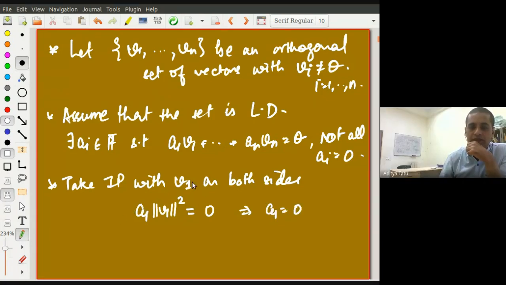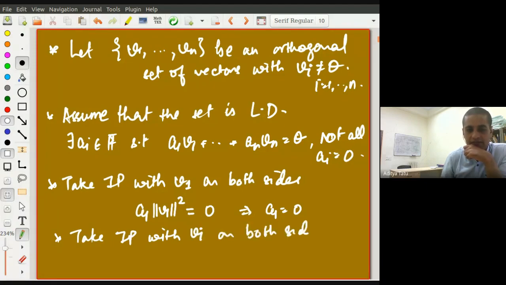Similarly, if I make this into a general thing and take the inner product with vi on both sides, what happens? Basically, ai times the norm of vi squared is equal to 0, and once again we can see crucially that this plays a role.